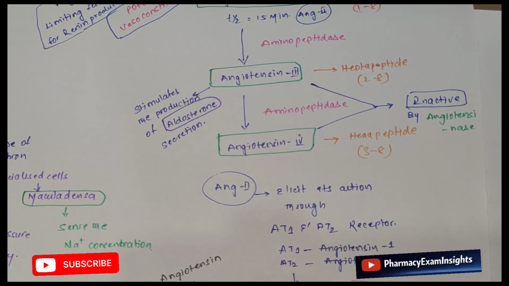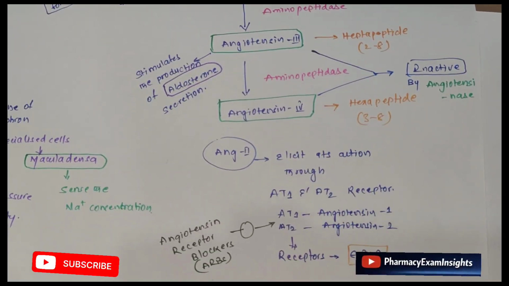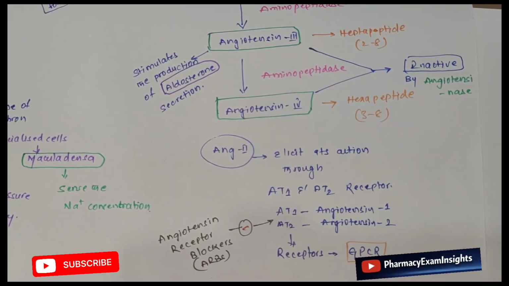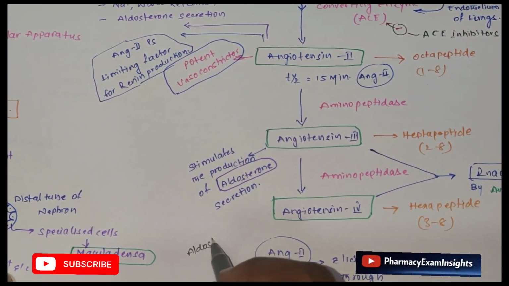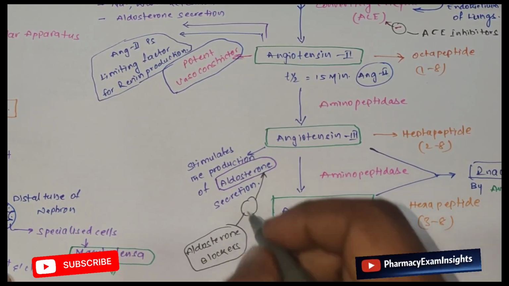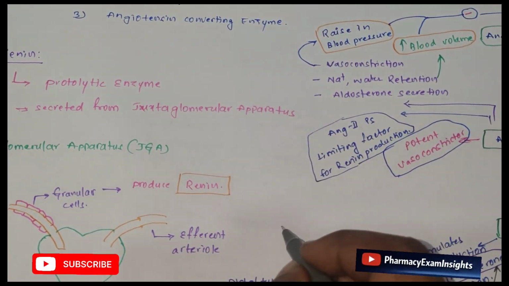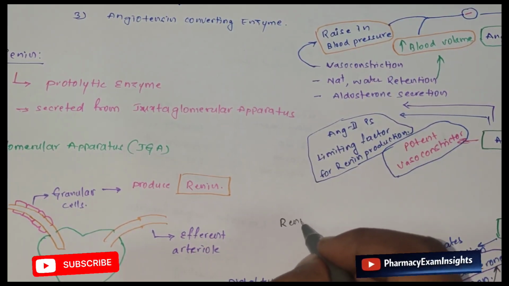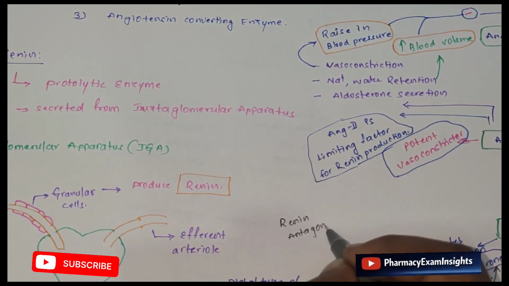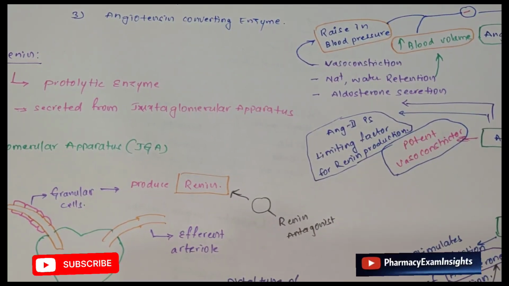Second one is angiotensin receptor blockers or angiotensin 2 blockers. Third one is aldosterone blockers. Fourth one is renin antagonist. If we inhibit the renin, angiotensin 2 will not be formed. And fifth one is sympathetic blockers.